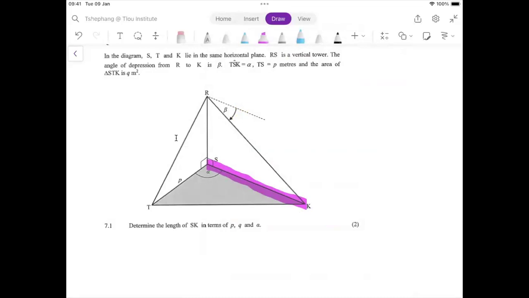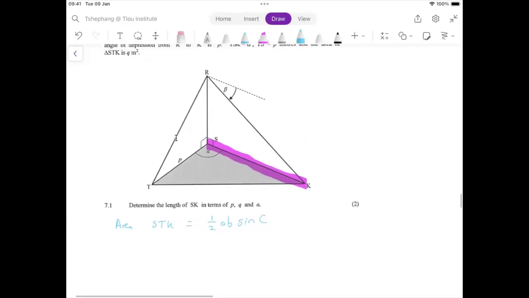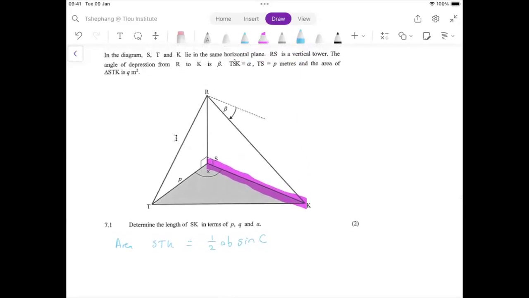I know that the area of STK must be equal to half ab sine of C. But we know that the area is Q. Now, my a, I will let it be P, and then b will be SK, and then sine of alpha.